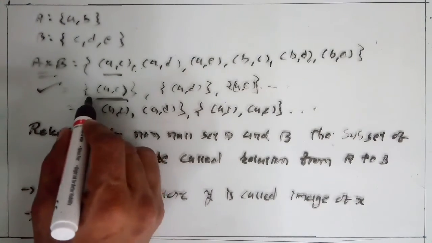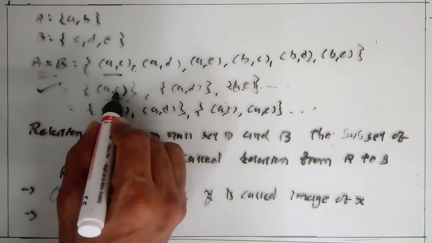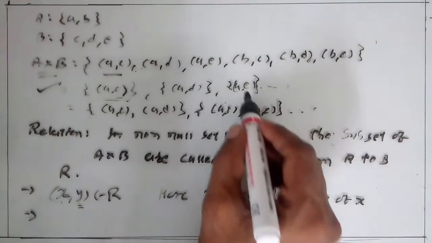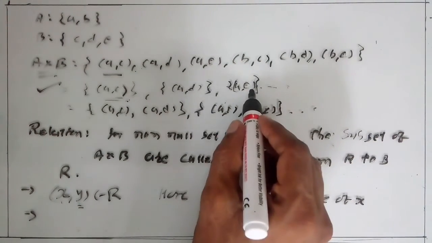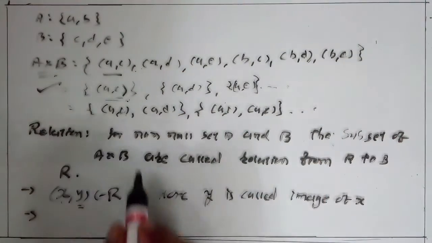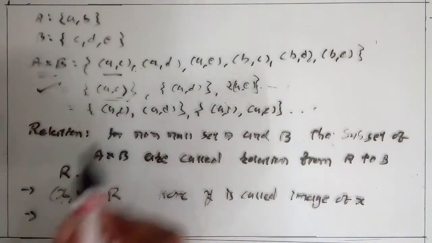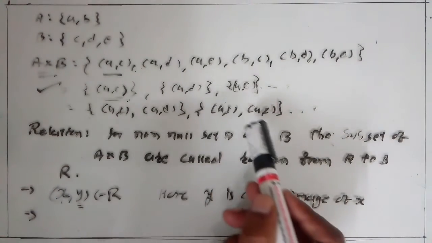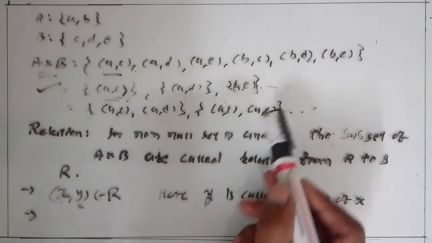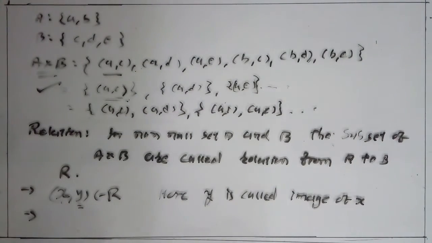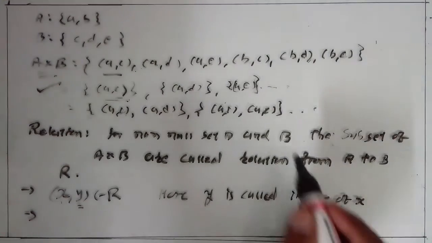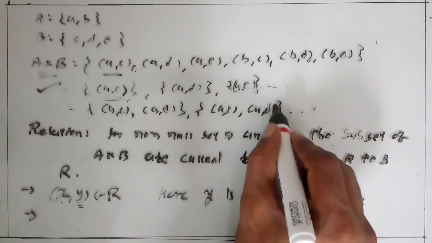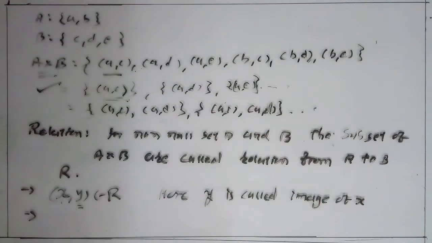Like for this relation, range is set C. For this relation, range is set D. And for this relation, range is set E. Similarly, for this relation, range is C, D. And for this relation, range is C, E. Clear? Or C, D.